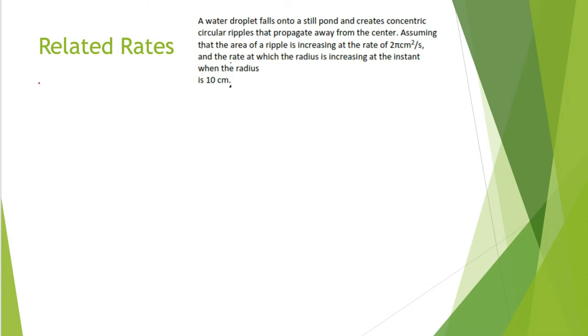So sabi nga natin, isulat natin yung given: the rate of change of the area of the ripple which is increasing. So it is written as derivative of A with respect to time is positive because ang keyword dito is increasing, is equals to positive 2 pi.